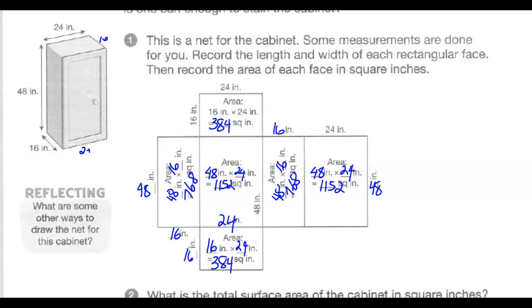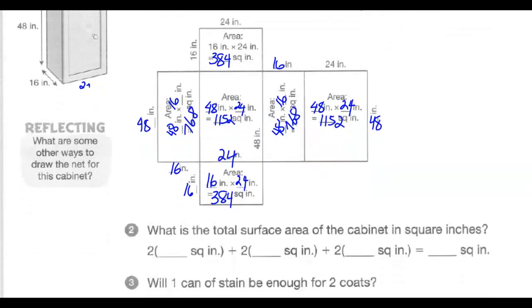Okay, so we've got all of those. What is the total surface area? Just like I did in the try these, 2 of everything. So 2 of 768, 2 of 1152, and 2 of 384.